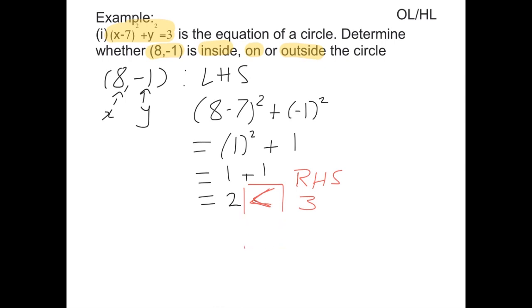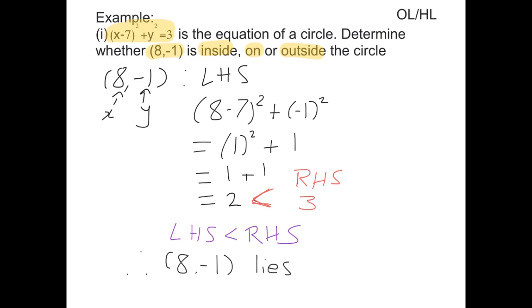So if 2 is less than 3, we have our left-hand side less than our right-hand side. Therefore, the point (8, −1) lies inside the circle.